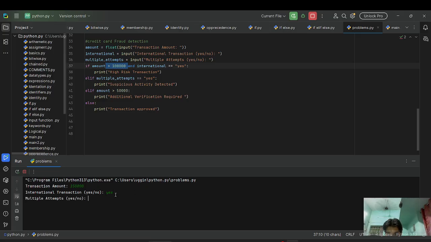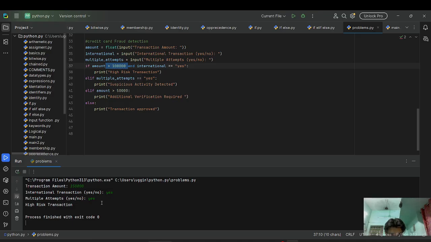Let's print this. So if multiple attempts should also be yes, high risk. Here both conditions are true. Amount is greater than 1 lakh and international is also equal to yes.